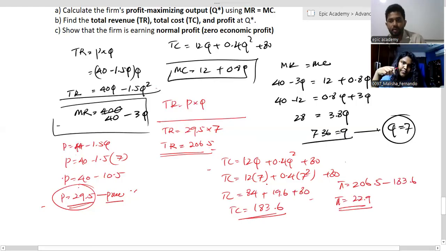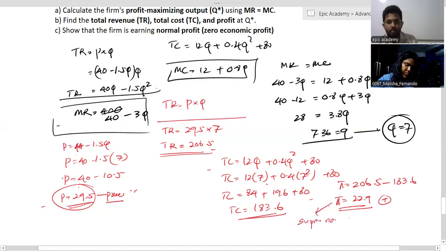Profit is positive. So then you can identify it as, we cannot identify it as a normal profit. It is supernormal profit. Yeah, it is supernormal profit.